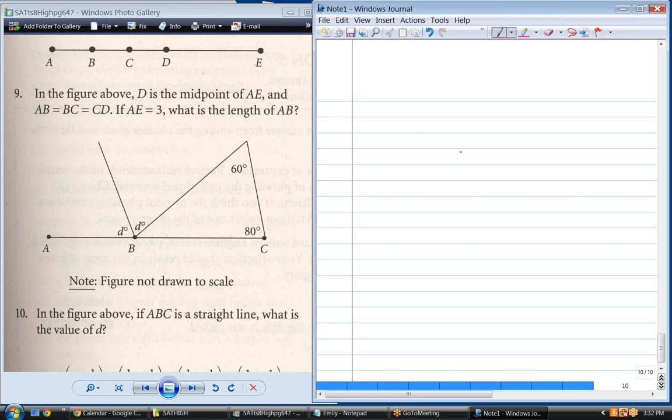I was like, I don't see a D. AB equals DC. A equals 3. AB is 1. No. What's AD? AD is 3. AE is 3. Oh, never mind. AD is, sorry, 1.5. Okay. So AB is 0.5. Okay.